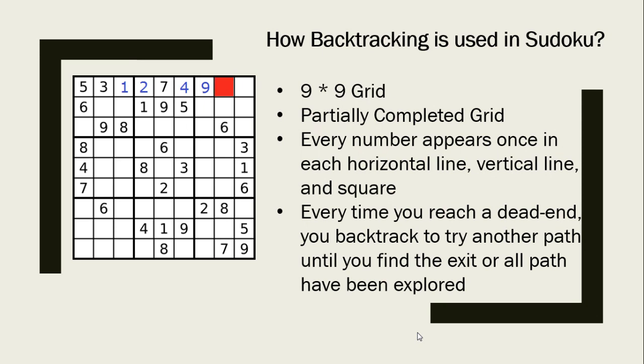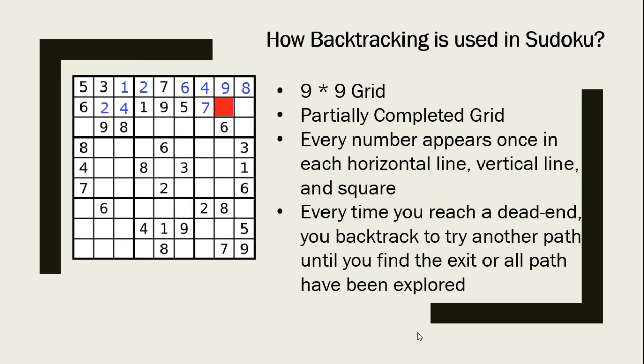So here you can see in the diagram, each time a path is tested, if the solution is not found, another possible path is checked, and so on until either the solution is found or all paths have been tested. You can see here in this diagram, the red cell is where the solution is not found. If the solution is not found, then we have to backtrack for another possible solution.